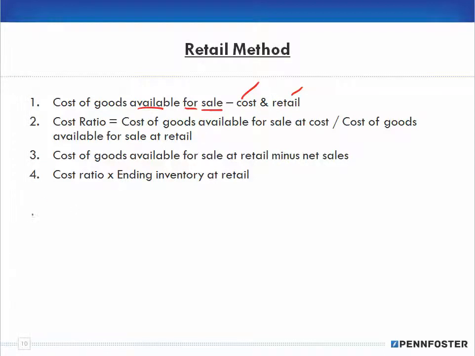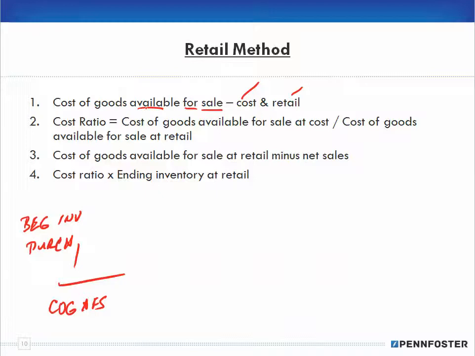When we were looking at cost, here was my beginning inventory, and then these were my purchases, in order to end up with my cost of goods available for sale. Obviously, inventory is our cost.